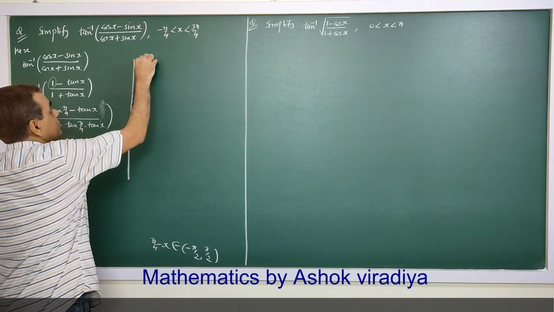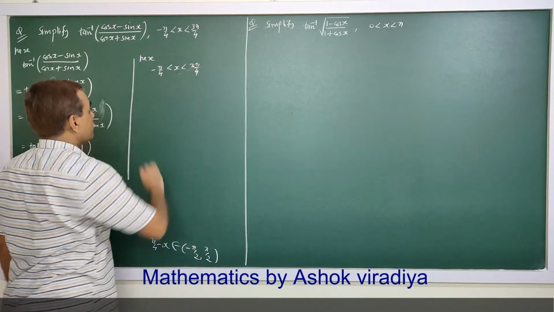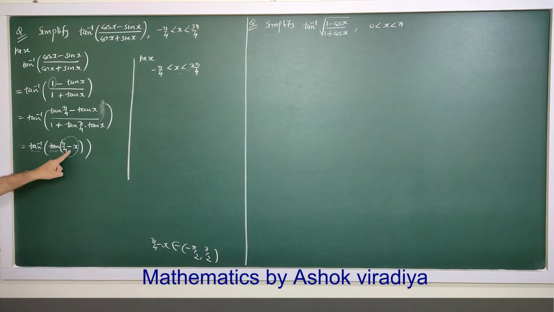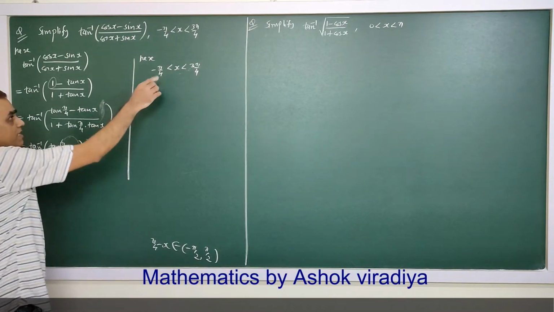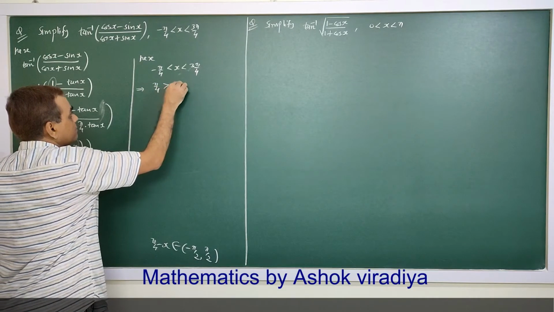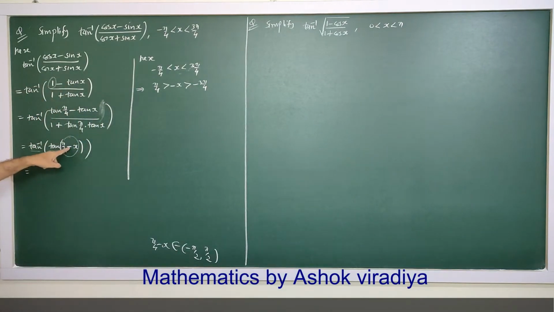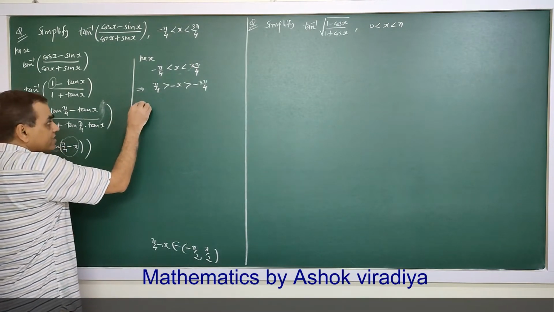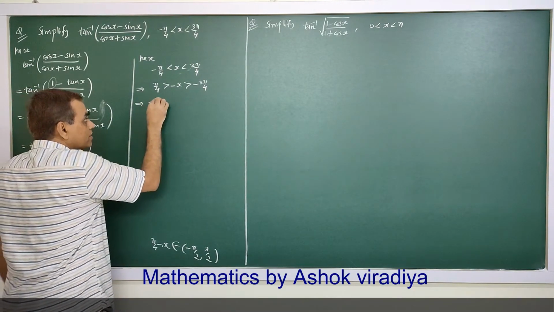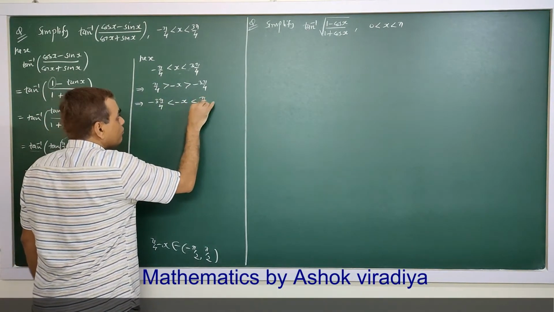The condition is x is between minus pi by 4 and 3 pi by 4. Now we create this number. Now x has a negative sign, so multiplying by minus 1, the inequality will be changed. Whenever we multiply an inequality by a negative number, the sign of the inequality changes. Now rewriting this from smaller to greater: minus 3 pi by 4 is smaller, then minus x is smaller, then pi by 4.